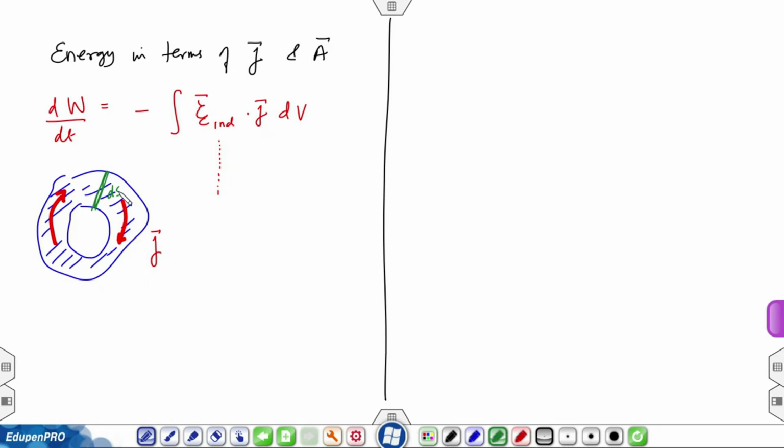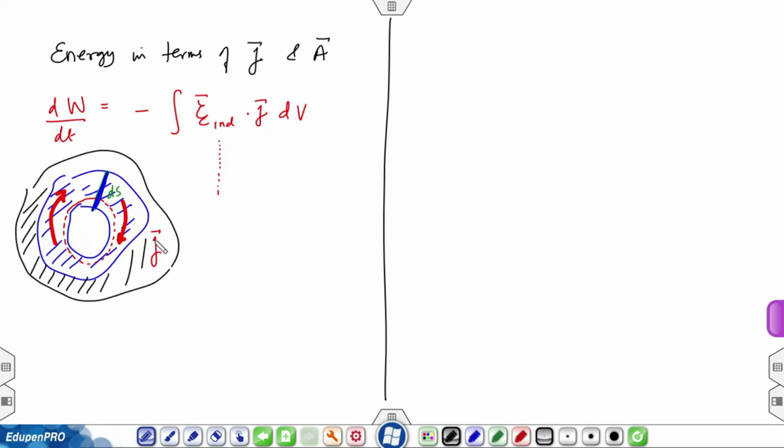Since this is an extended object, I can make those loops at each position. I can think of this ds as infinitesimal right here, and then make another section of this wire carrying J and make ds out here also. This is ds and there is this current J, position dependent, flowing in this also, and so on. So, that way I build up the entire volume.